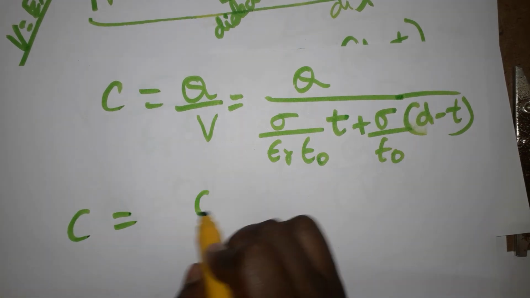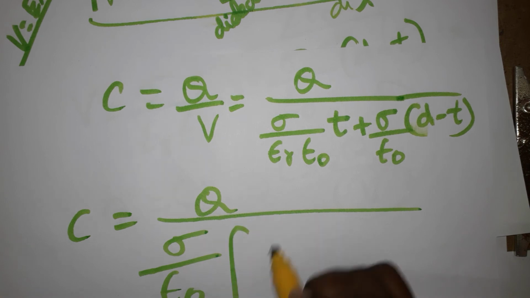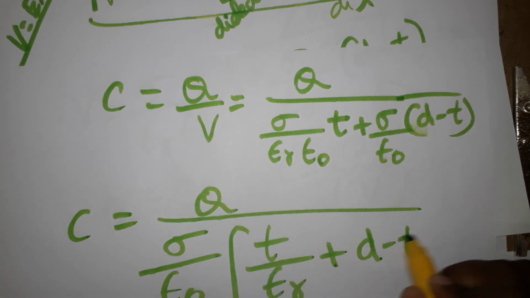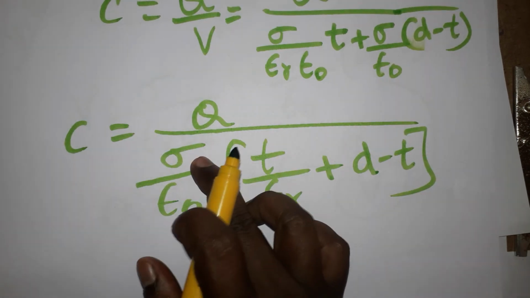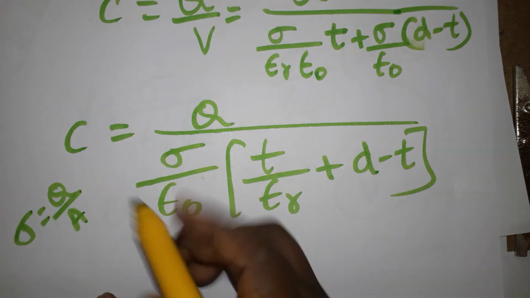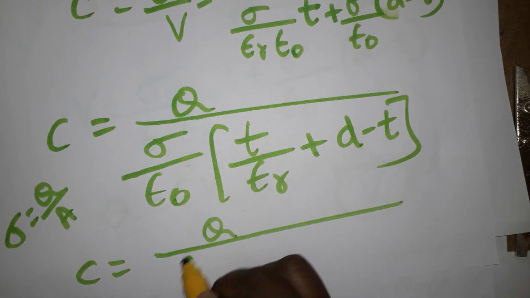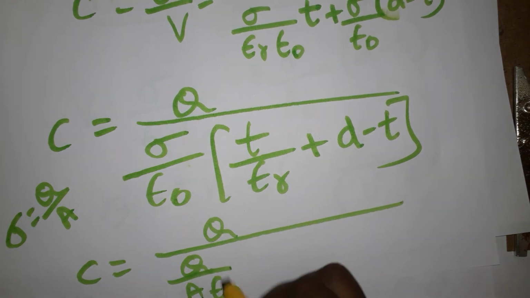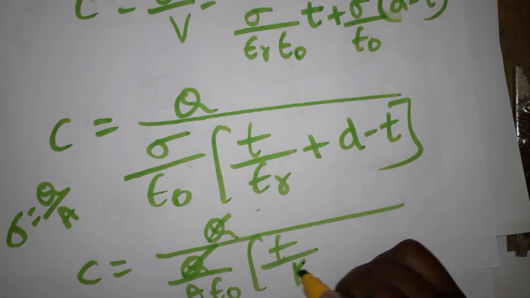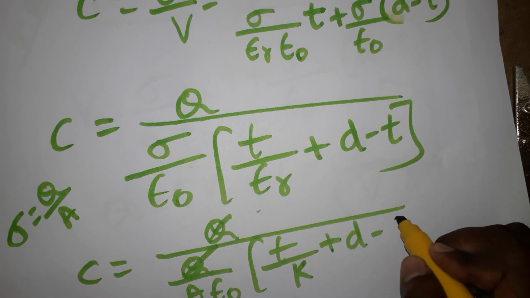So the capacitance of the capacitor is Q divided by sigma over epsilon naught, times t divided by relative permittivity plus d minus t. Sigma, as I said, is the charge density, equal to charge per unit area. So C is equal to Q divided by Q over A epsilon naught. Q gets cancelled. You can use this value as K, the relative permittivity or dielectric constant, so t over K plus d minus t.